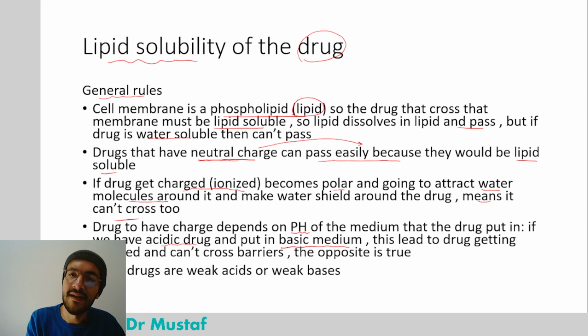But if we put a basic drug in a basic medium, the drug is neutral and passes. And if we put an acidic drug in an acidic medium, the drug has neutral charge and also passes. And most drugs are either weak acids or weak bases.